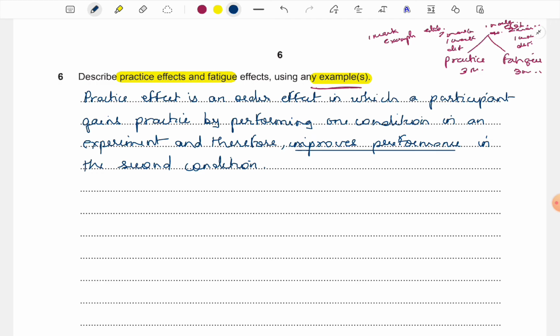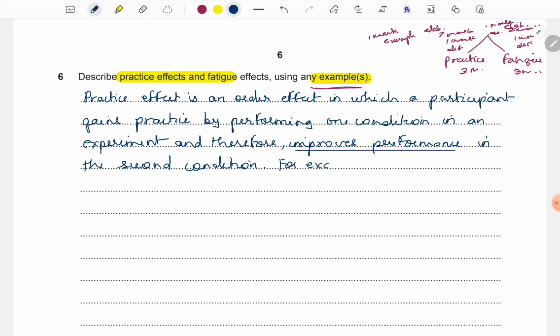When you have to write an answer like this, you won't have much to write, so you'll write a short answer of 2-3 lines in total, and then you will wonder, will I score anything for this? And you feel hesitant because you didn't learn well in the first place. Learn your research methods very well and don't give them less importance than course studies. They are equally important. Both paper 1 and 2 are equally important, which means you cannot neglect research methods in favor of course studies. Okay, now I'll give an example of a practice effect.